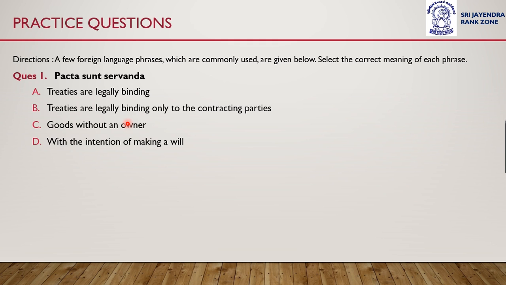Option A is treaties are legally binding. Option B is treaties are legally binding only to the contracting parties. Option C is goods without an owner. Option D is with the intention of making a will.